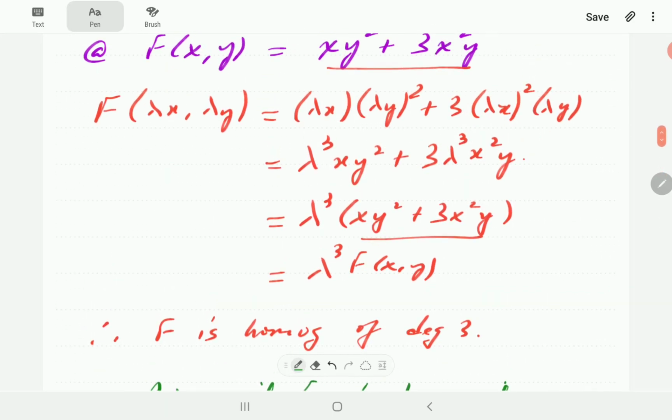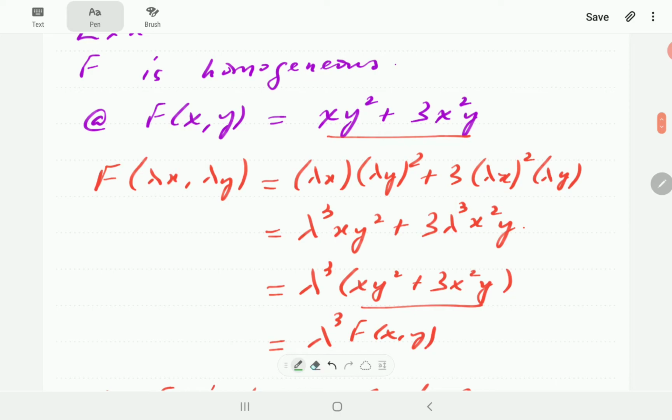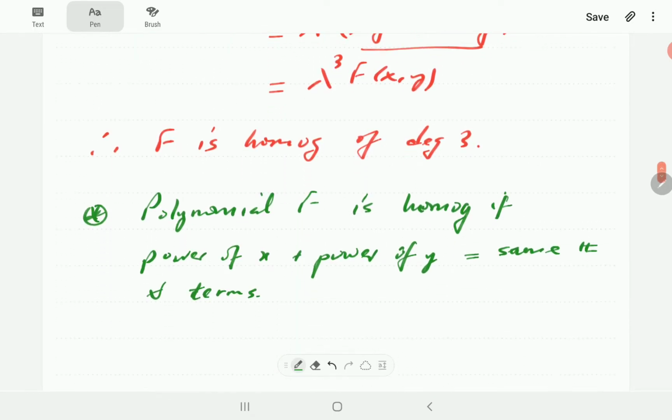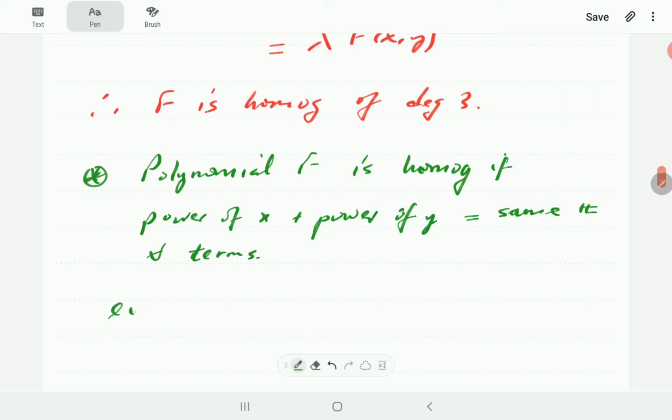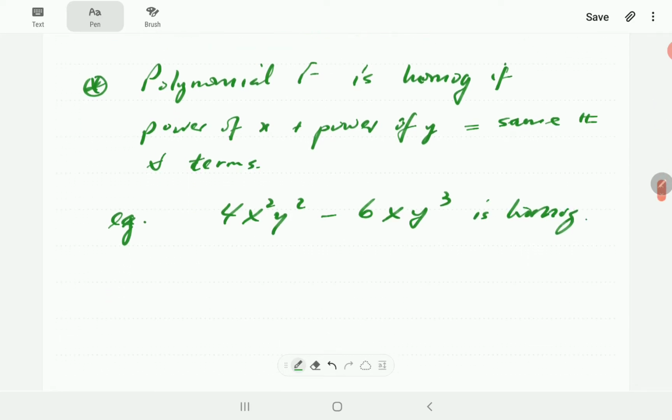Okay, so for instance, if you look at the powers here, it's going to be 1 plus 2, which is 3. Here it is 2 plus 1, which is 3. So that means straight away, for instance, 4x squared y squared minus 6xy cubed is going to be homogeneous, because the powers of x and y add up to 4 here and add up to 4 here.